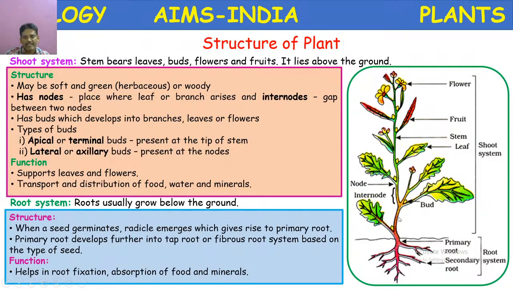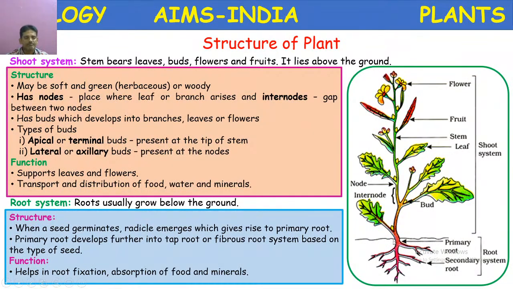And it also transports various substances like water, mineral salts, and food to different parts of the plant through the special tissue present in it. From the roots, after absorption, the stem takes that function to distribute to all parts of the plant, from the root up to the tip. Let us come to the root system.